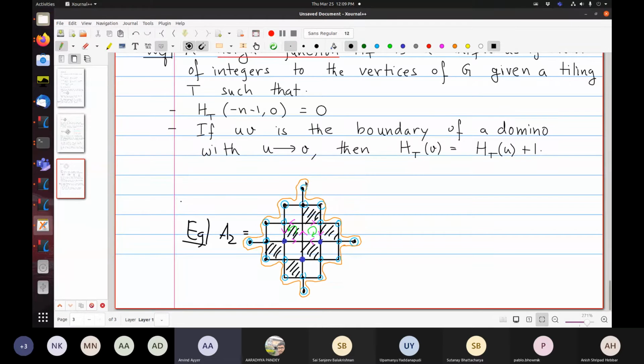Delete the orange thing. Okay, so what we are going to do is assign heights to everybody, starting with giving height 0 to this vertex, which is at minus n minus 1 comma 0. So this has height 0.